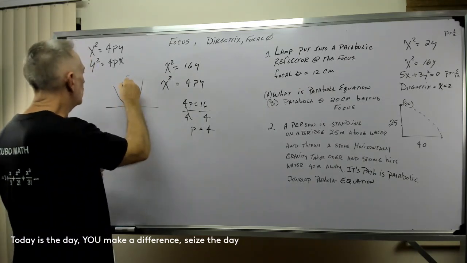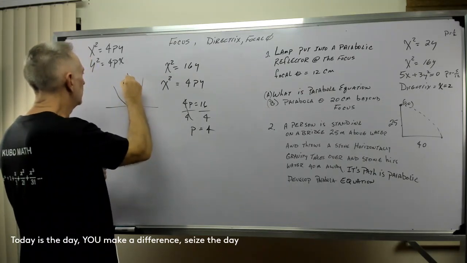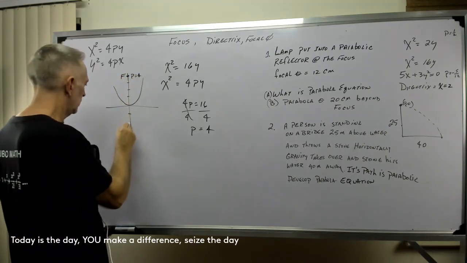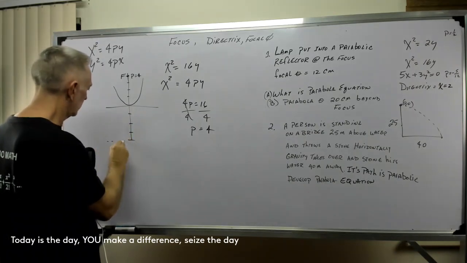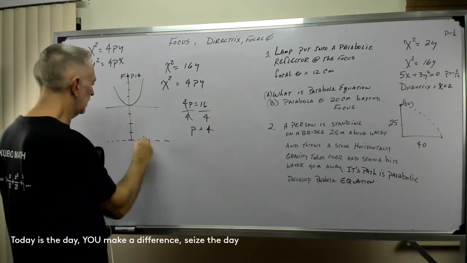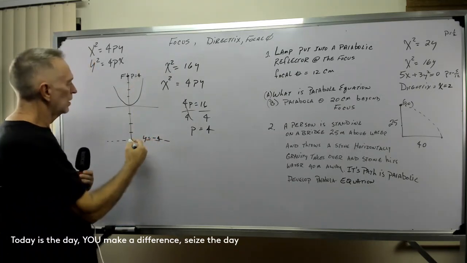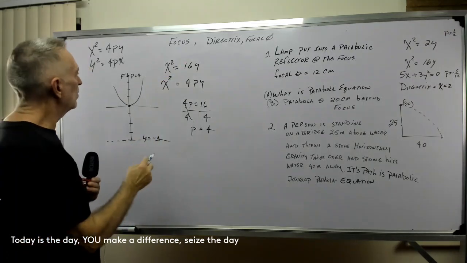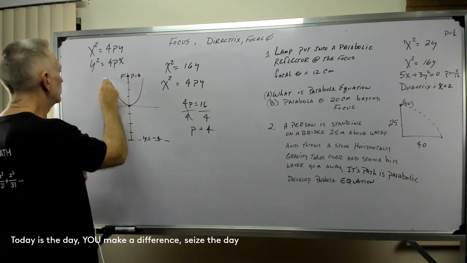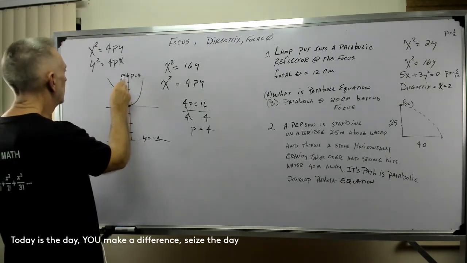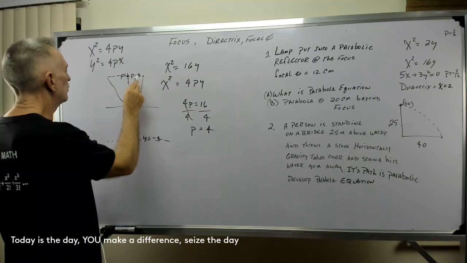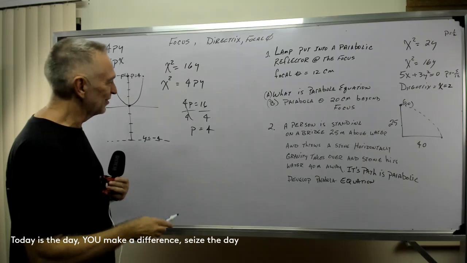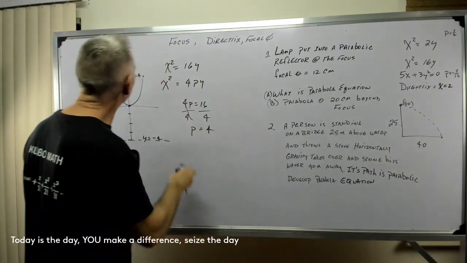So my focus is up here, there. We'll label it here. So p equals 4. 1, 2, 3, 4. My directrix is out here at y equals -4. Okay, I'm still at the origin. What else? The focal diameter was 16. So it's telling me that this distance right here is 4p or 16. Obviously that one's really not drawn to scale. All right.